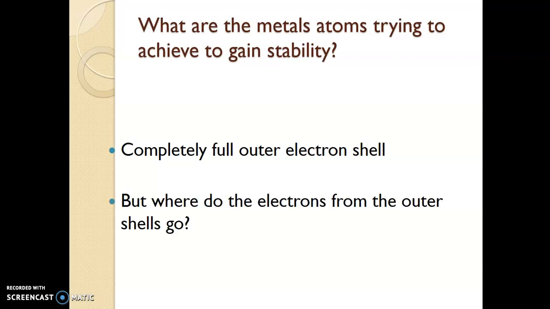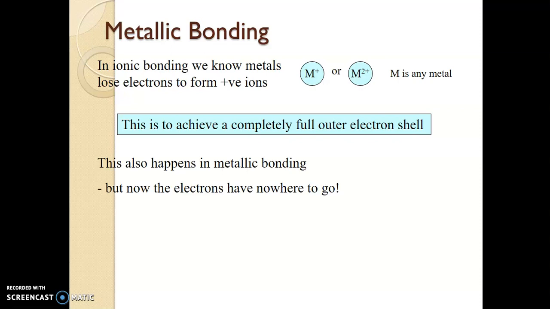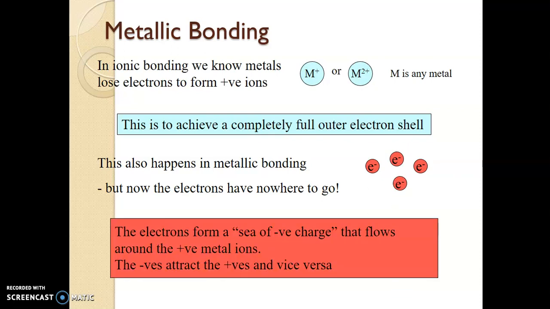So within a metallic structure, what happens is the metal atoms lose their outer shell electrons, and they form positive ions. So the electrons then are loose, as it were, or delocalized or free within the structure of the metal.